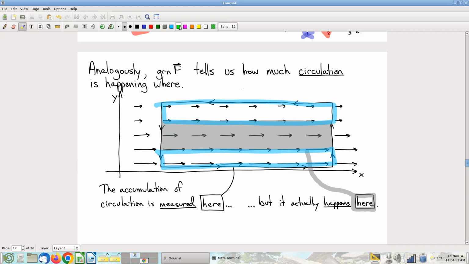But there's a speed gradient in the middle, in this gray section: the further you go down, the faster the water is.